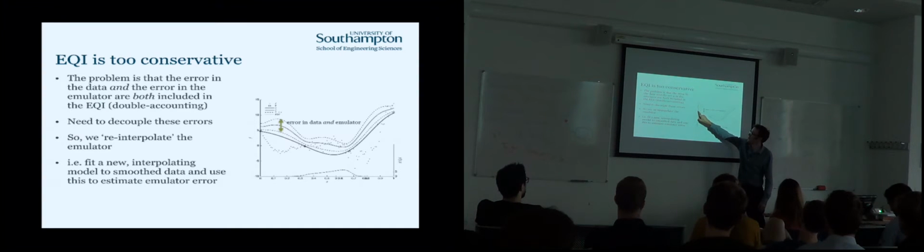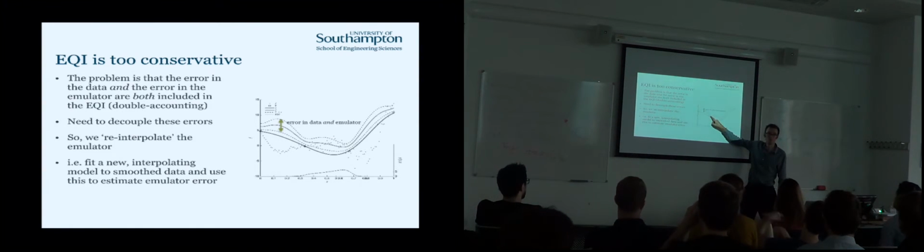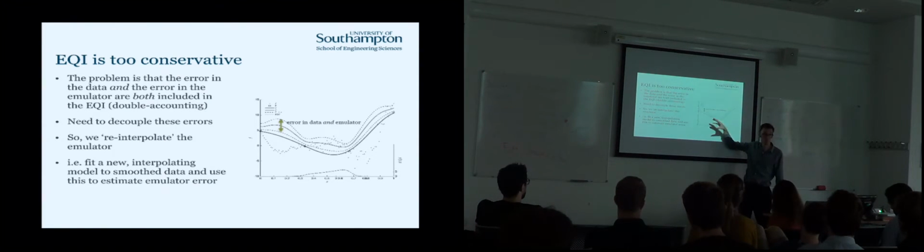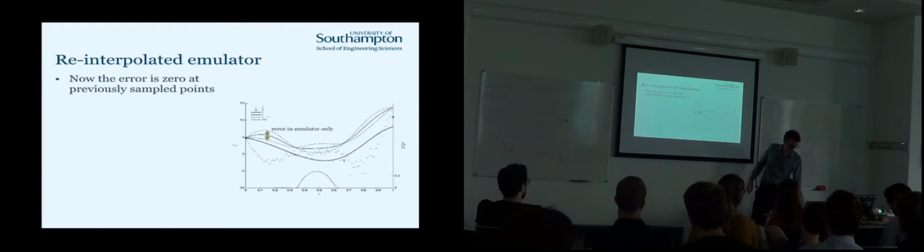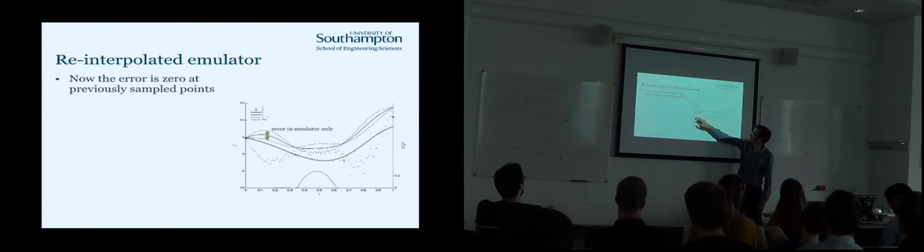We would like the error at these points here to diminish to 0, because we've already evaluated our model there, so we're not going to learn sufficiently more about the location of our quantile than if we sample somewhere else. So let's have a look at what happens here.